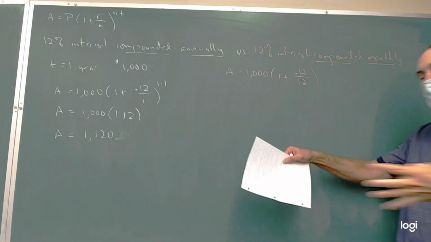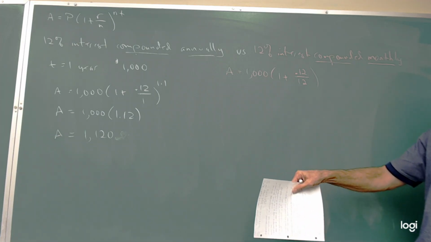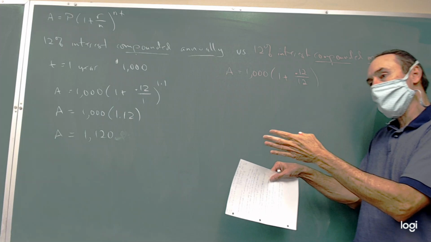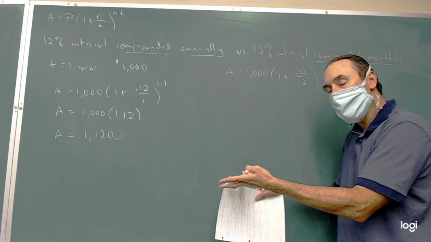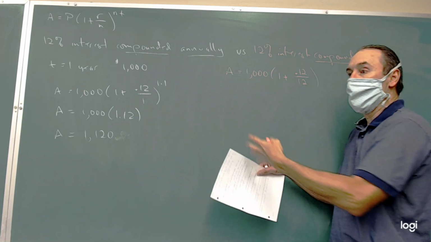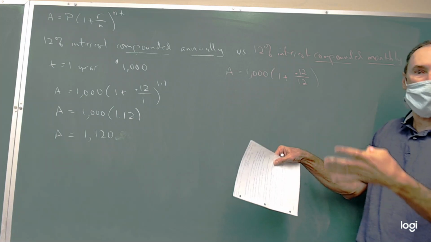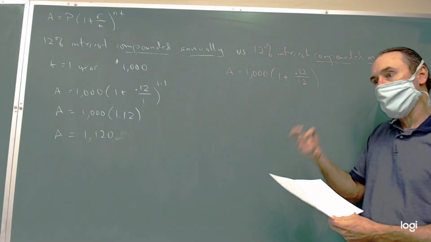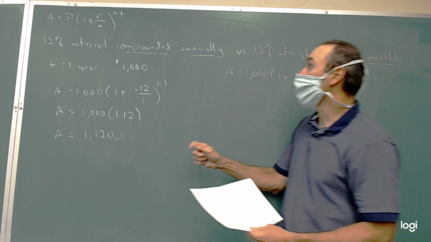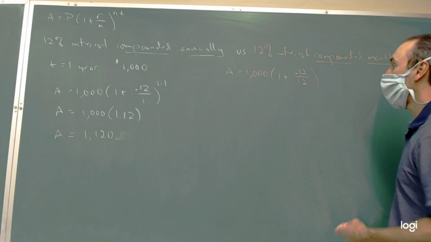So the 12% we were going to distribute over the entire year, instead of waiting till the end of the year, after the first month we get 1/12 of our 12%. So 1%, we'll put that into your balance. Then the next month, that little bit of interest you earned the first month will get a chance to earn interest. And so you're accumulating interest as you go, which increases that principal, that amount that's actually going to earn interest.